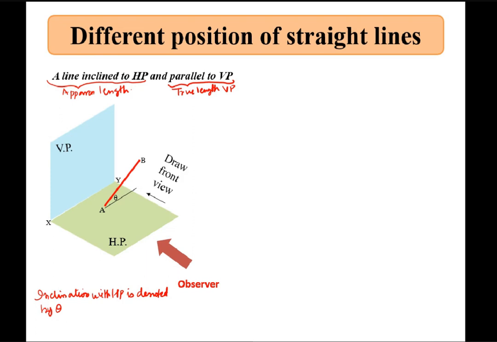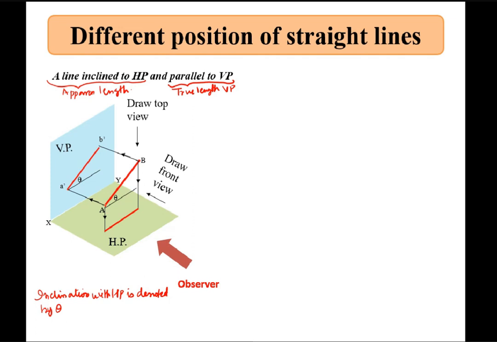Let us draw the front view. I draw the projections like this, and then I draw the top view. I draw projectors onto the VP for both A and B, and I join them. So I will get the true length on VP, and I will get the same inclination also on the VP, right?